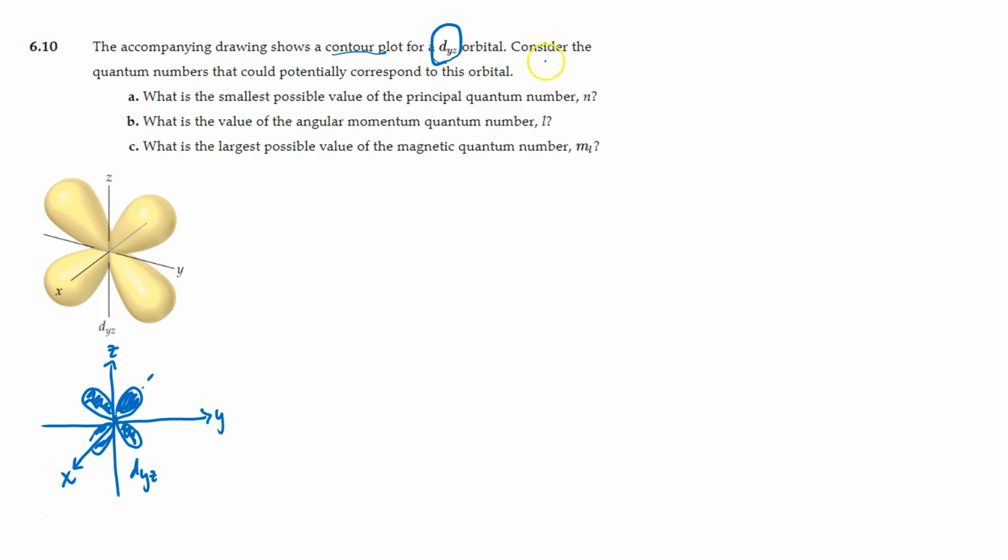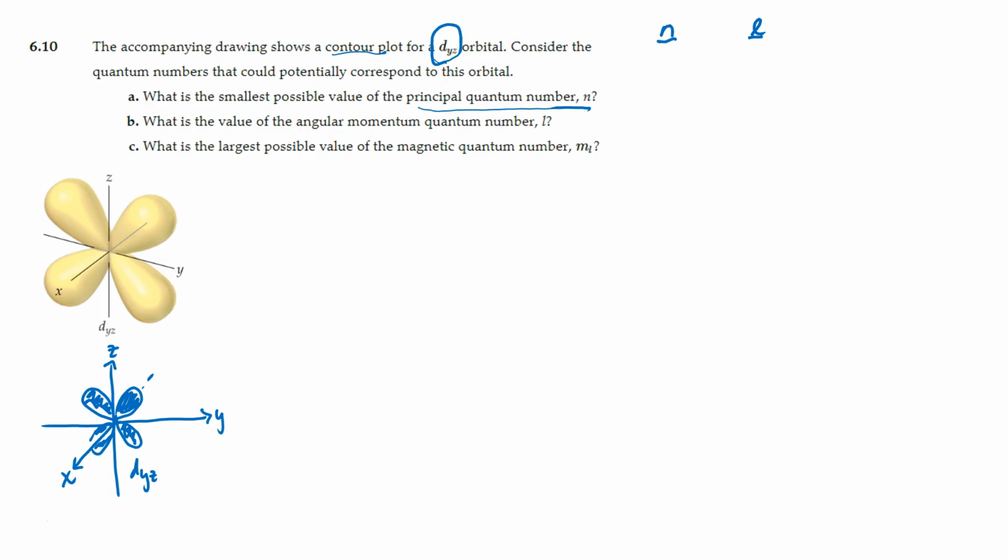So they want us to consider the quantum numbers that could potentially correspond to this orbital. What is the smallest possible value of the principal quantum number n? Well, this one is kind of challenging. I want to think about the allowable values of n and l in this problem.